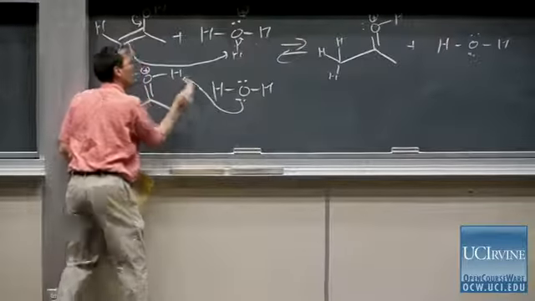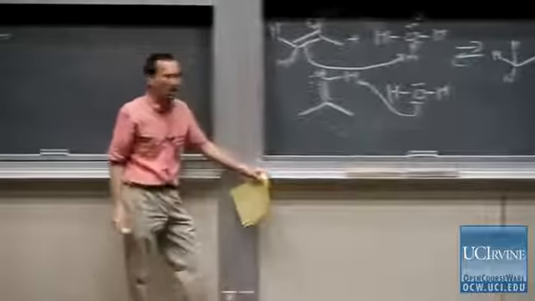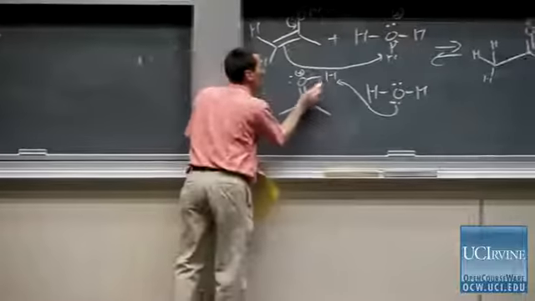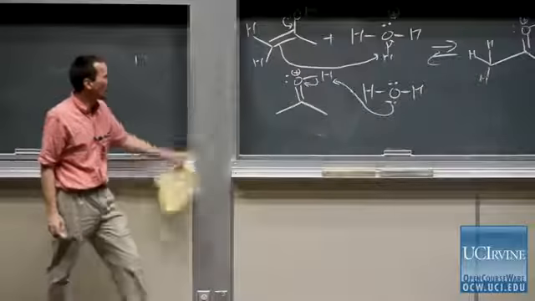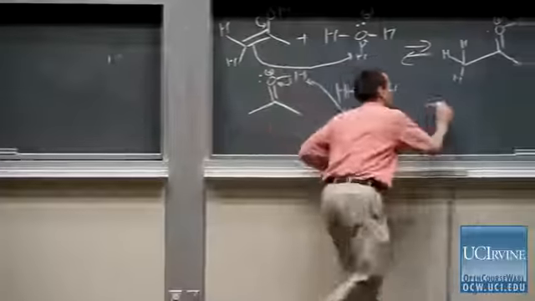Electrons flow from the lone pair on water to the proton. Electrons flow from the bond back onto the oxygen.